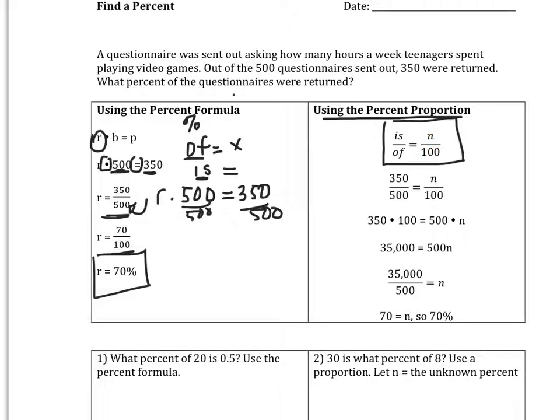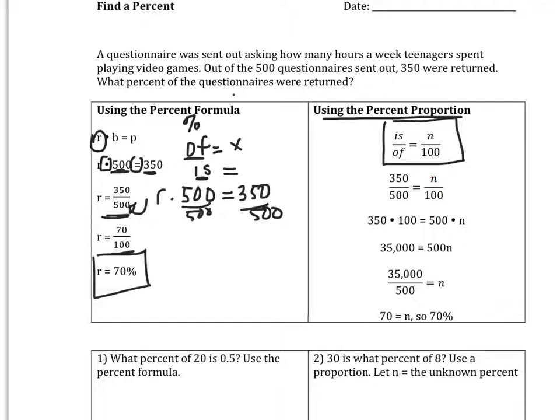If we break that down, "is" means equals, so out of the 300 returned, of the 500, and then "is" what percent.